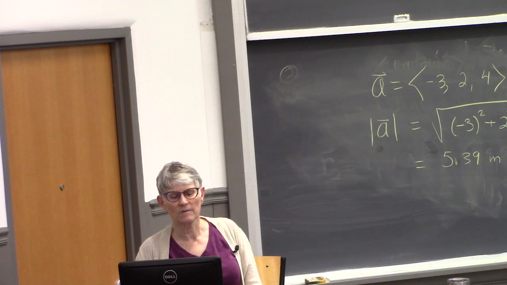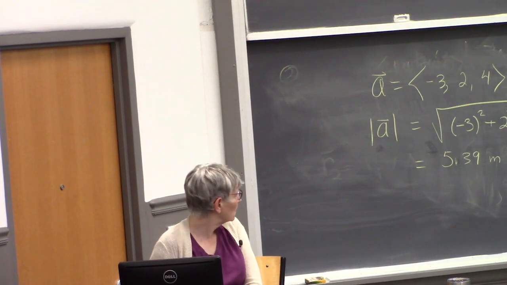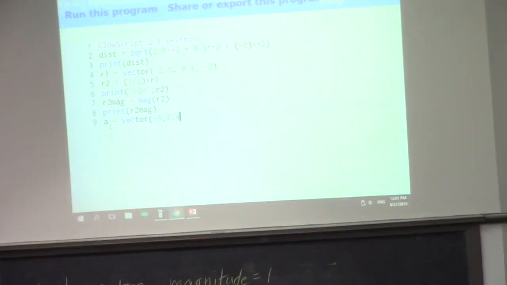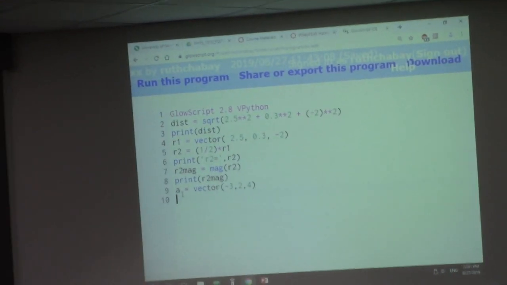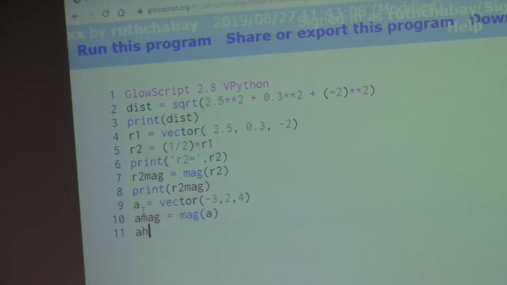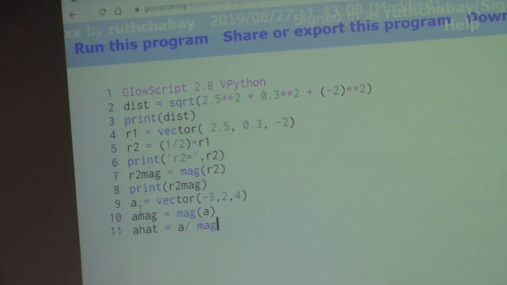So let's say A is a vector, -3, 2, 4. We'll say A mag is the magnitude of A, and A hat is just going to be A divided by the magnitude of A. And now let's print A and the magnitude of A and A hat.